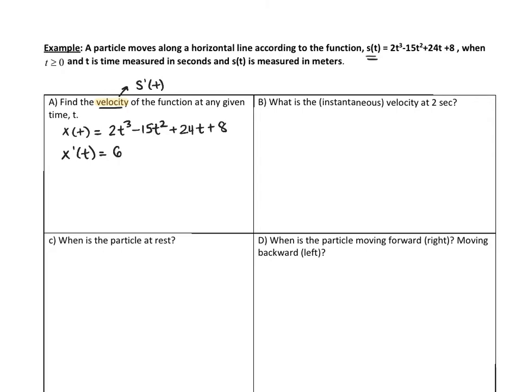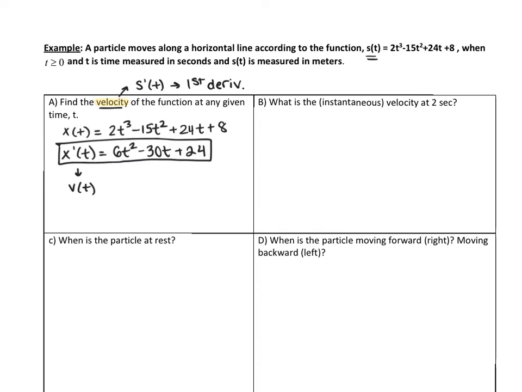So this is 6t^2 - 30t + 24. And that is my velocity function. You could even write it as v of t. That's the same thing, v of t or x prime. Just know that the velocity function is my first derivative.